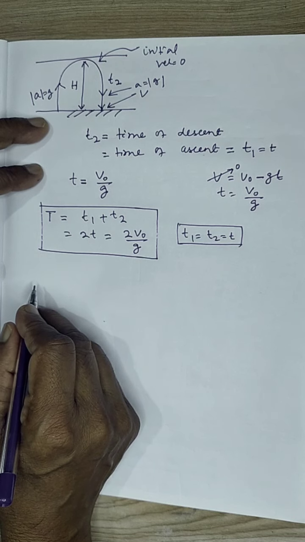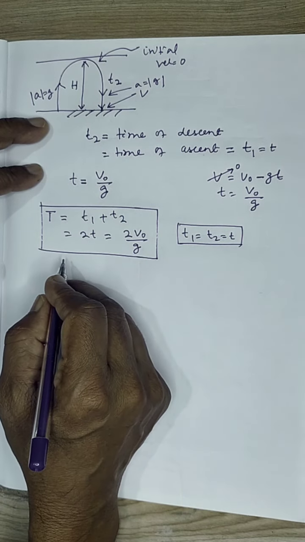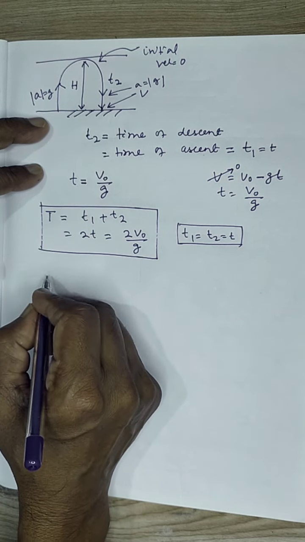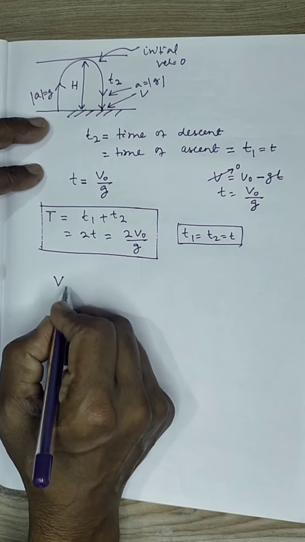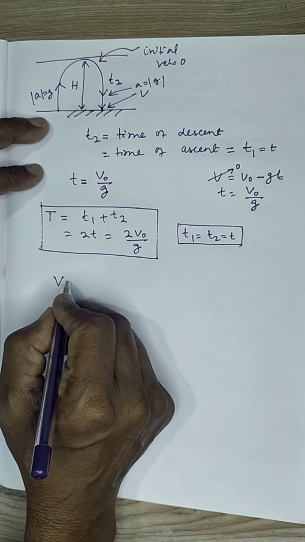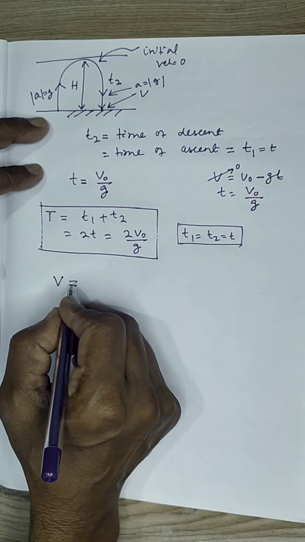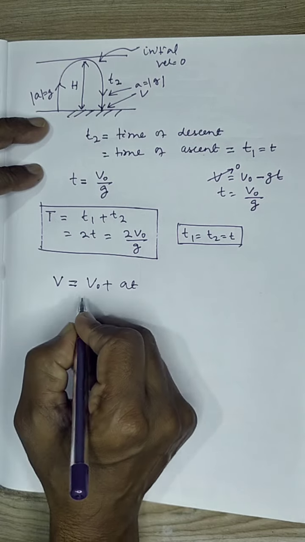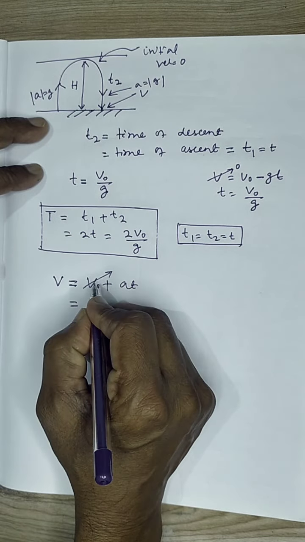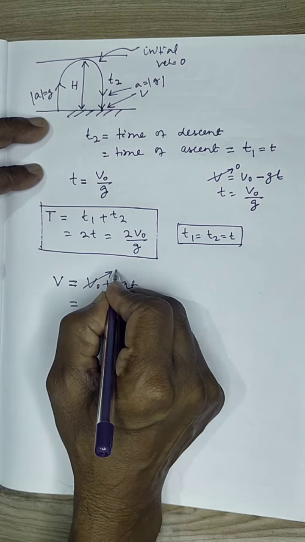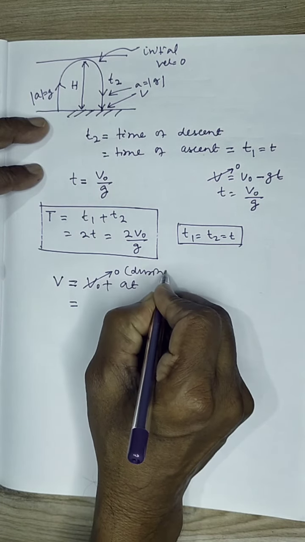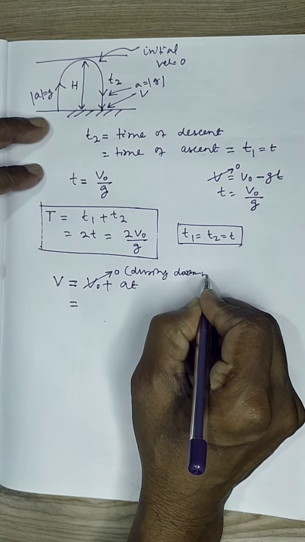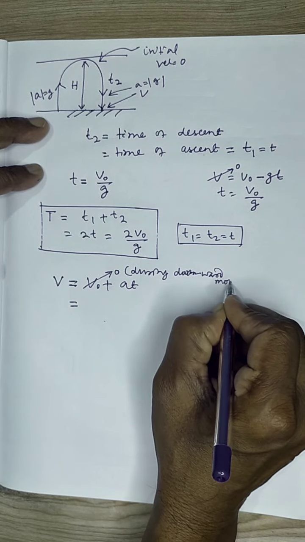Now let us discuss downward motion. If the body hits the ground with a certain velocity, that is the final velocity of the object during downward motion. Again the kinematic equation is applicable: v is equal to v0 plus at. Here the initial velocity during downward motion is equal to 0.